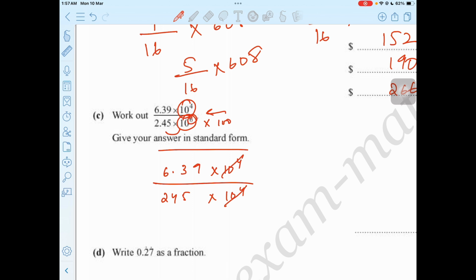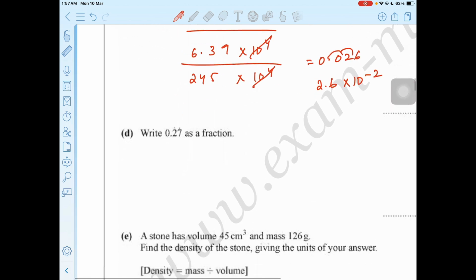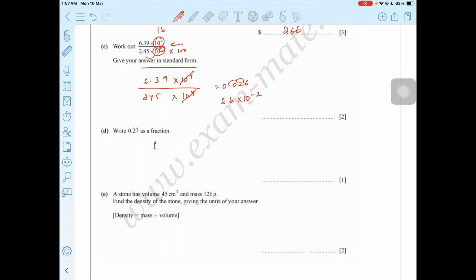So these two will cancel out, and then 6.39 over 245 would be 0.026, and this comes over here. This would be 2.6 times 10 power minus 2. Okay, write 0.27 as a fraction, so this would be 27 over 100, right?